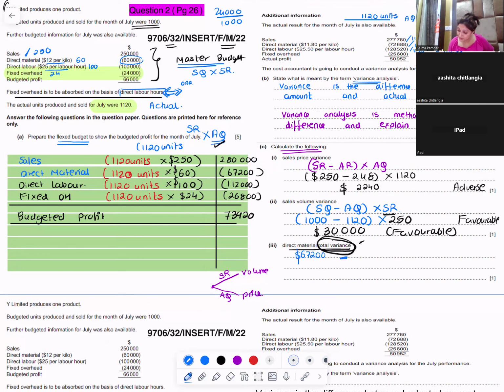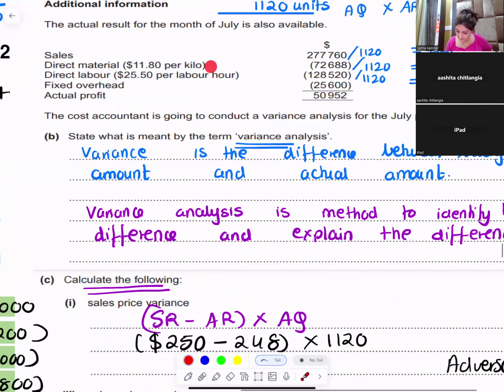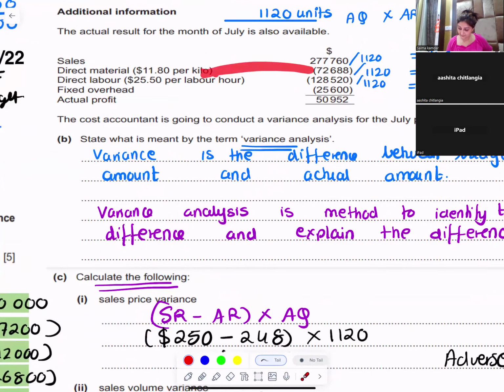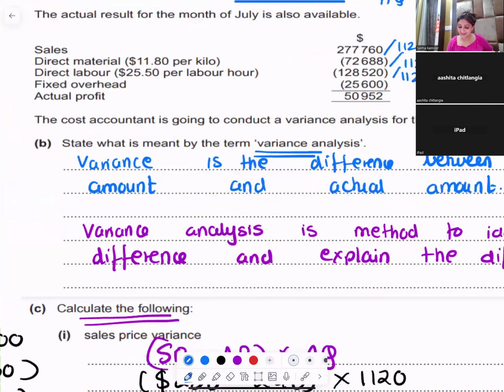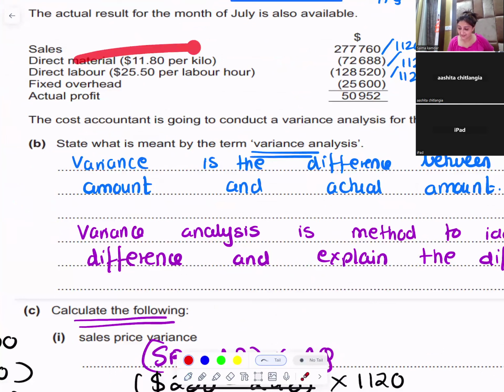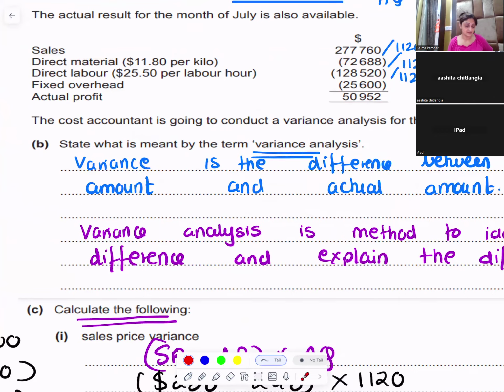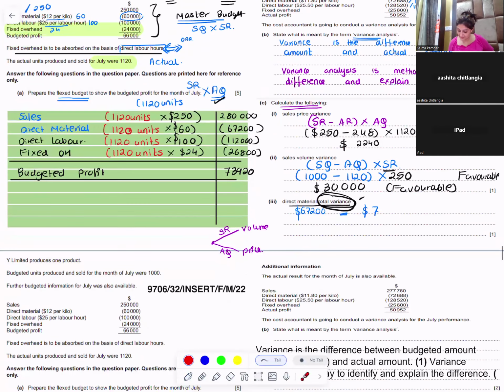But actually, how much did you spend? Actually, I spent 72,688.